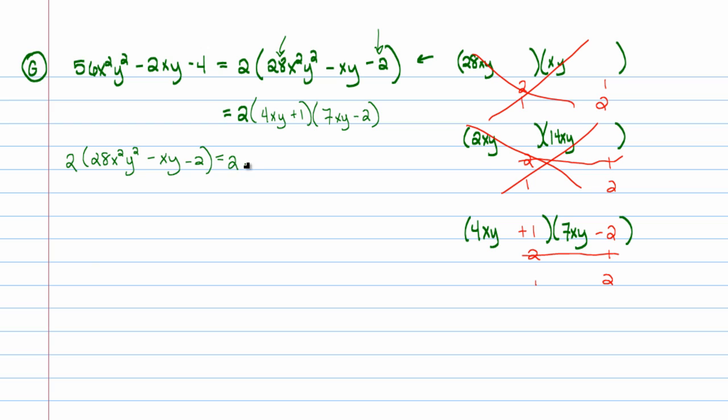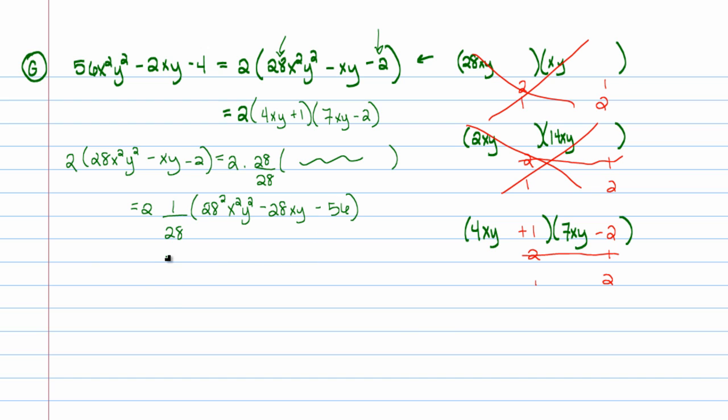I'm going to say that's the same thing as 28 over 28 times that trinomial, which is the same as 1 over 28 and me multiplying 28 into that trinomial. It's going to be kind of a weird look: 28²x²y² − 28xy, and then minus 28 times 2, which is 56.